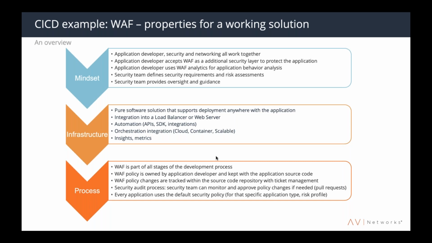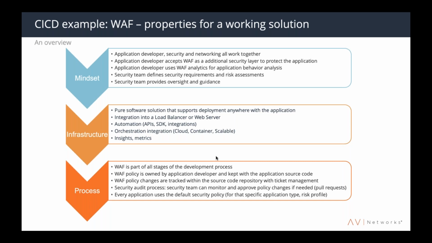Then the application developer in the first place needs to accept the WAF as an additional security layer to protect the application. They need to accept it as a help to actually make sure that if a vulnerability is found, they can fix the code very shortly after.